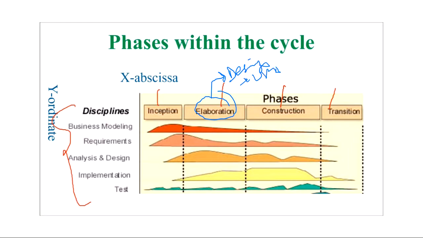So what are the key things that will be happening in this elaboration phase? Again, modeling will be happening, but it will be very low. In the inception phase only, you will ask for the user requirements, whatever data you need from the users. Whatever user requirements you need, or the SRS document, that is mostly created in the inception phase.